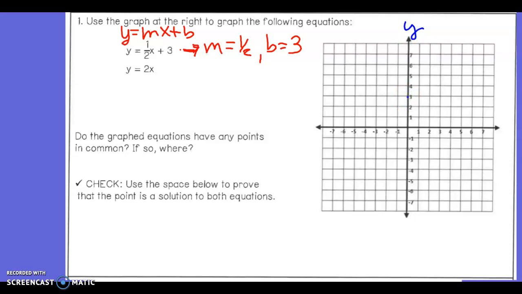Then I'm going to use my slope to move to other points on my line. Remember, the m stands for move. I'm going to move up 1 over 2, and my b stands for where I begin. So I start here at the 3, and I go up 1, to the right 2. Then I could also reverse it. I could go down 1 to the left 2, and so on. Let's go ahead and connect these and make a line.